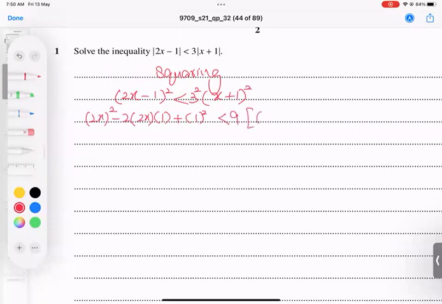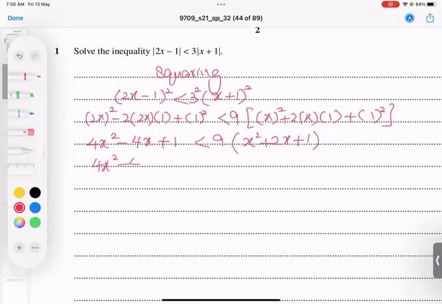And here x square plus 2 into x into 1 plus 1 square. So this gives us 4x to power 2, 4x and plus 1. In the bracket, x square plus 2x plus 1.